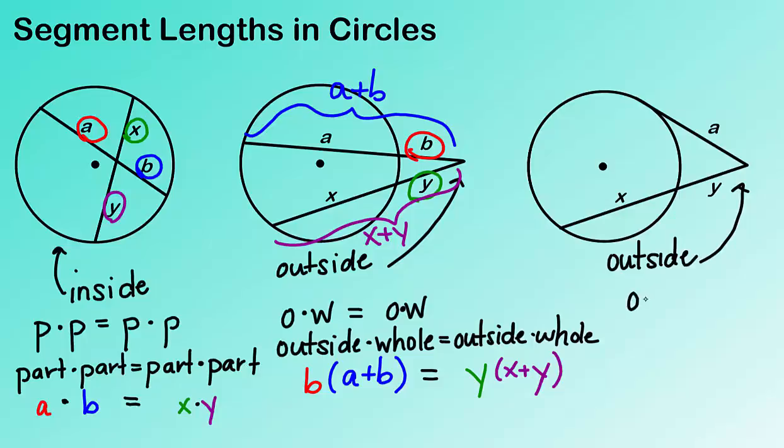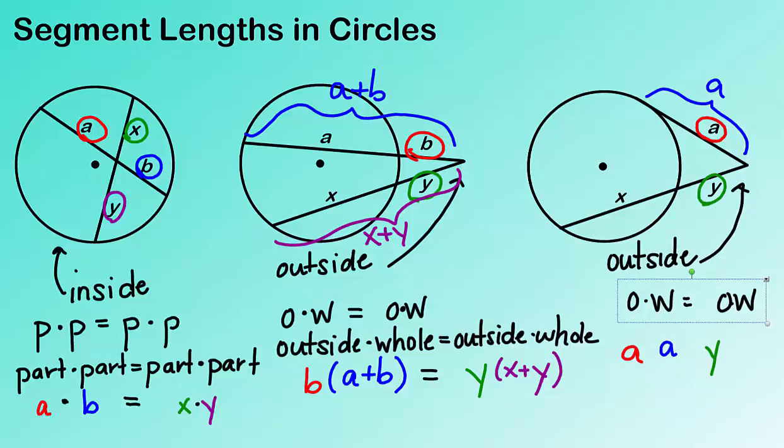So I'm going to do ow, ow, and we're going to have outside times whole, which happens to be the same as outside in this instance, equals outside times whole.